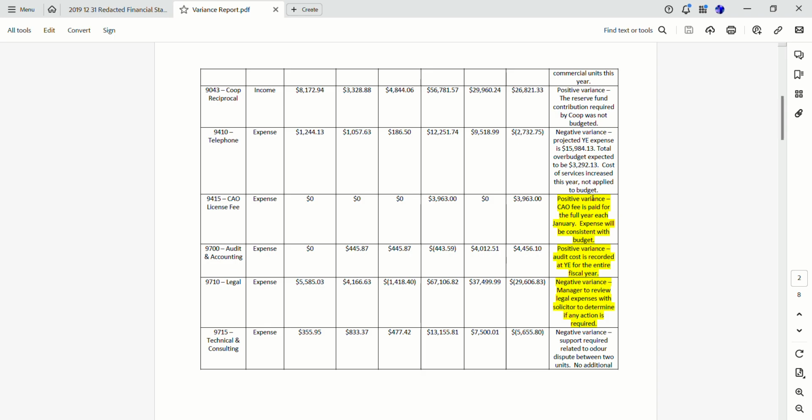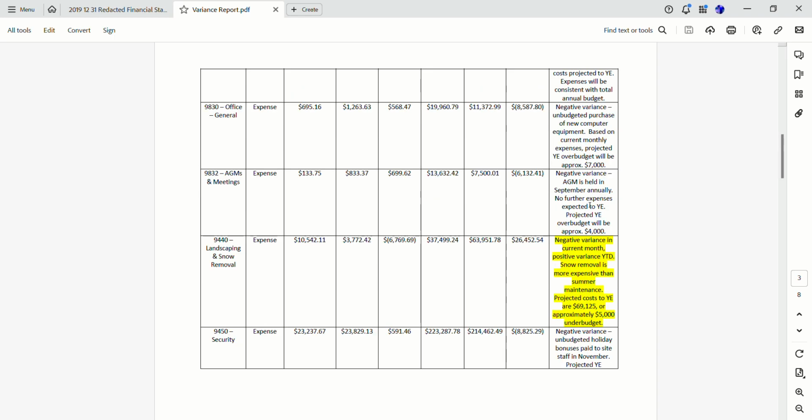I want to point out, because we are going to make the budget for next year, given this is the 9 months financial statement, for some of the spending we have a very large variance by now. So let's say for the landscaping and snow removal, let's say 9,440, this is a negative variance this month.